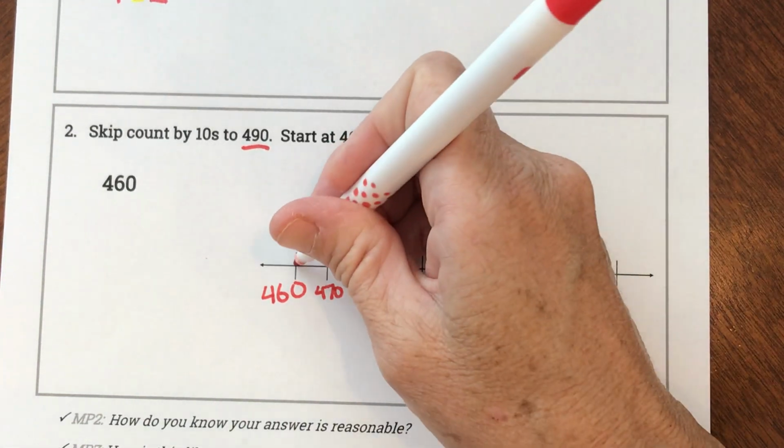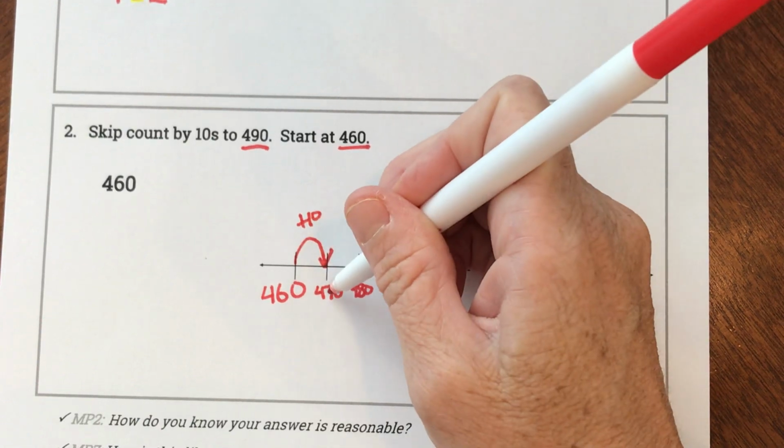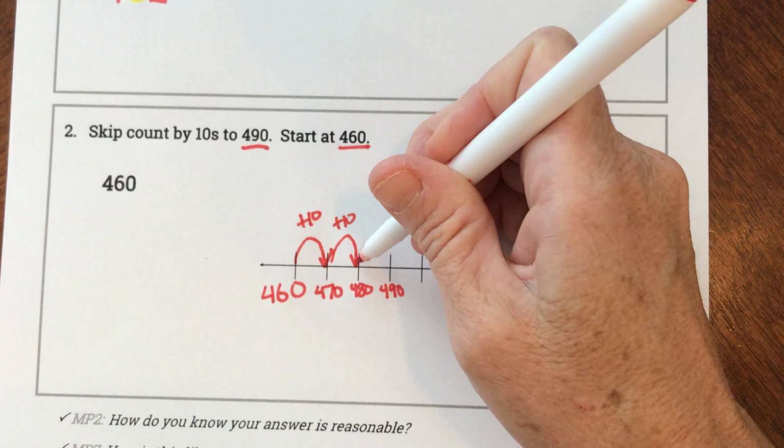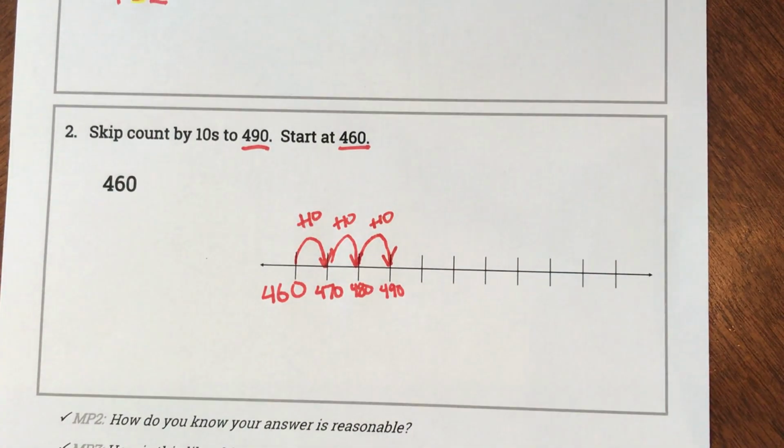So what happened is they added 10 each time. 460 plus 10 is 470. 470 plus 10 is 480. 480 plus 10 is 490.